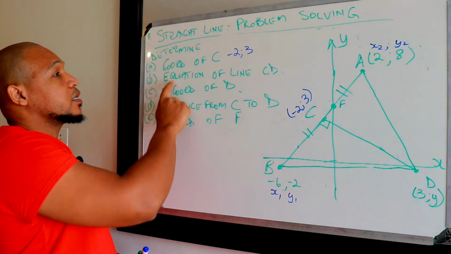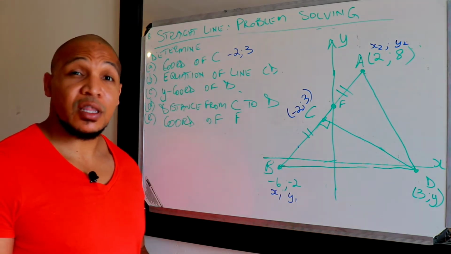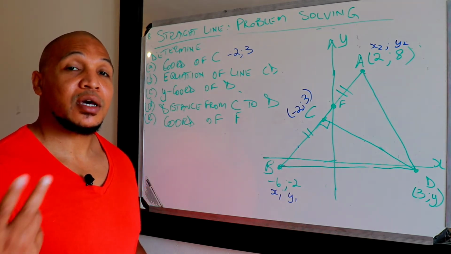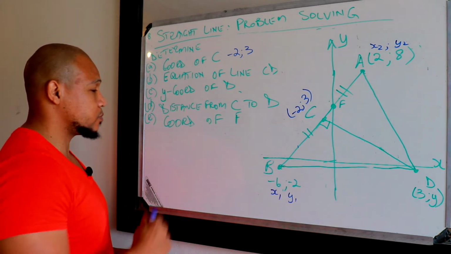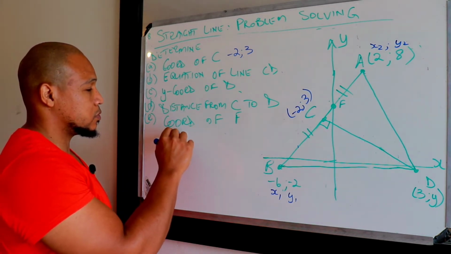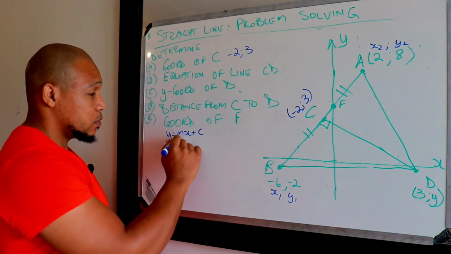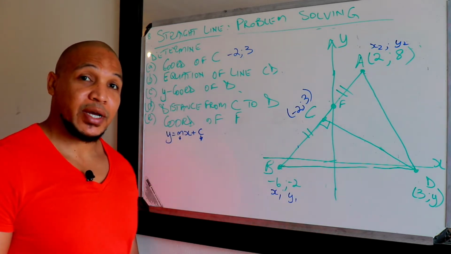B, determine the equation of line CD. First thing that we need when we're going to determine the equation is to write down the general equation for the straight line. Now I need my gradient and I need my y-cut.